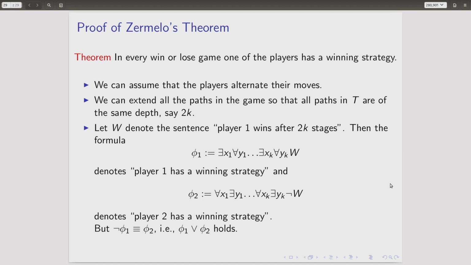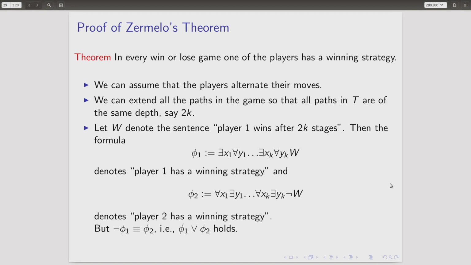No matter what the other player does, y1, I have a great response x2, his answer was y2, so that no matter what y2 he chooses, I still have a fantastic response x3, and so on, such that something holds.